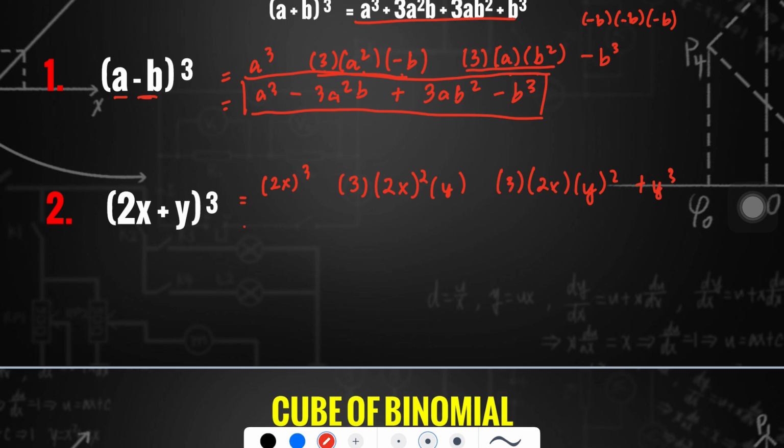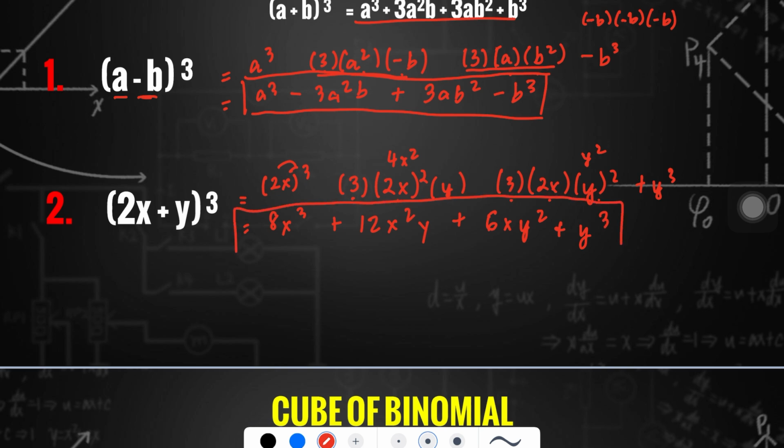Evaluate: 2 cubed and x cubed, so that's 8x cubed. And then 3 times 2x squared, so that's 4x squared. 3 times 4x squared times y, that's 12x squared y. And then 3 times 2x times y squared, that's plus 6xy squared plus y cubed. Okay guys, so that's your answer.